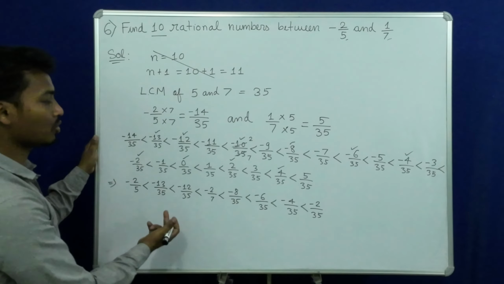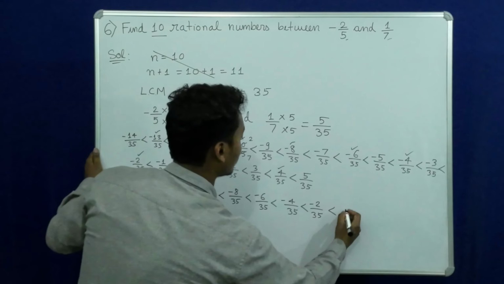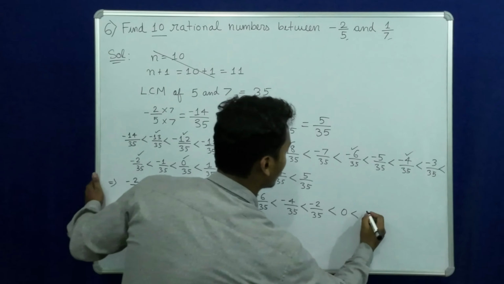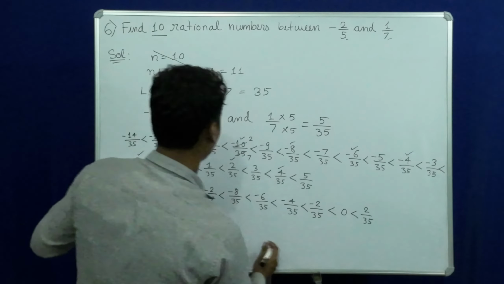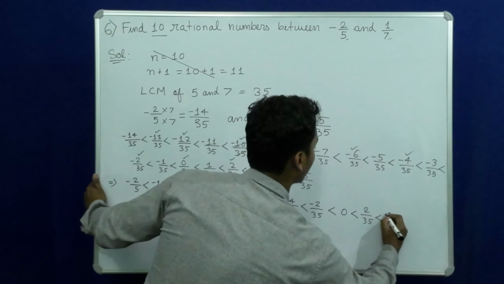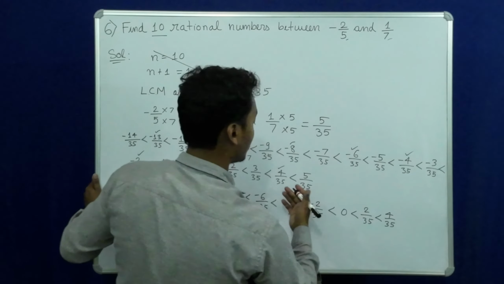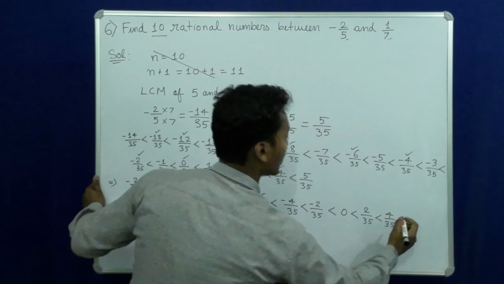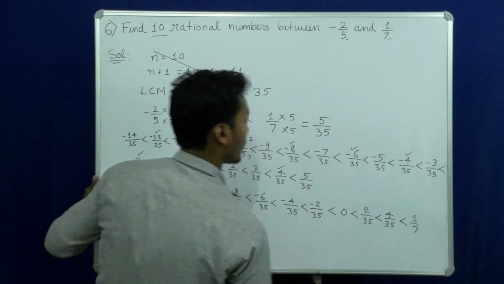Now 0 by 35 means what? 0. So less than 0. Less than 2 by 35 cannot be simplified, so leave it like this. Then less than 4 by 35, cannot simplify 4 by 35, leave it. Less than 5 by 35, which means 1 by 7.